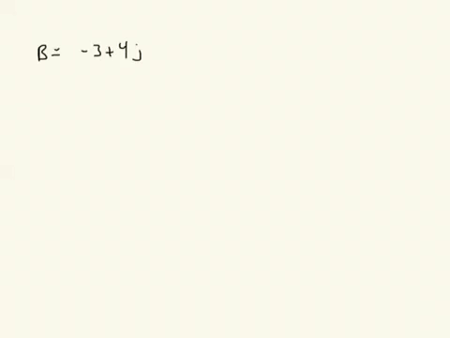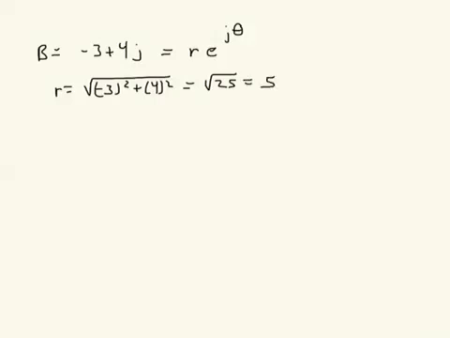And I can write that in polar form as r e to the j theta, where r is equal to the square root of minus 3 squared plus 4 squared. And that will be 9 plus 16, so it'll be square root of 25, which is 5.